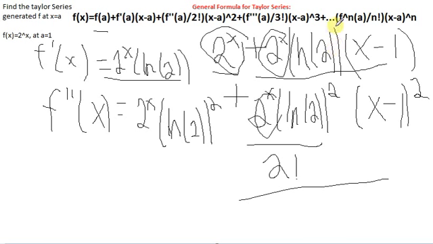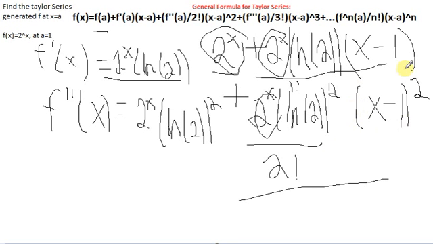Also, you're noticing in the denominator there's a 2 factorial. This is a 1 factorial, which you cannot see, but I'll just put it here. As you see, the factorial is increasing by increments of 1. Keep that in mind also. The last thing we notice is that the power on x minus 1 is increasing. So these 3 things form the general formula for the series.